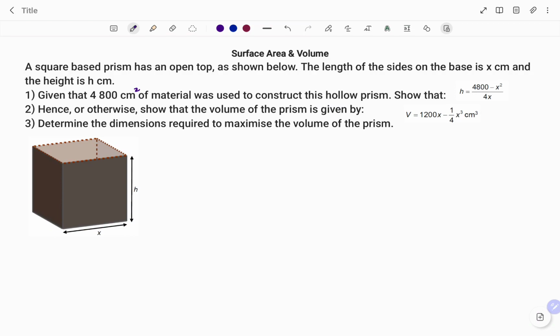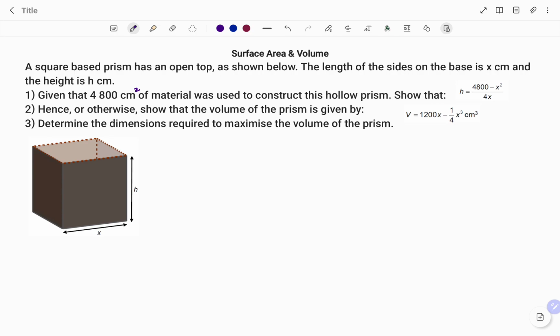A square-based prism has an open top as shown below. The length of the sides of the base is x centimeters and the height is h centimeters. Given that 4,800 square centimeters of material was used to construct this hollow prism, we have to show that the value of h equals (4,800 minus x squared) divided by 4x.